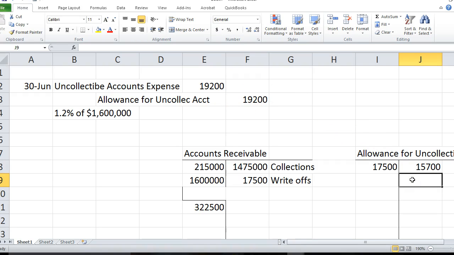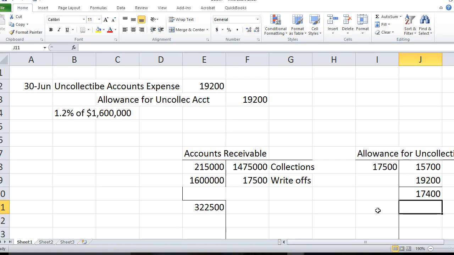Then we now are going to credit 19,200. Our new balance here is going to be 17,400, right? No.